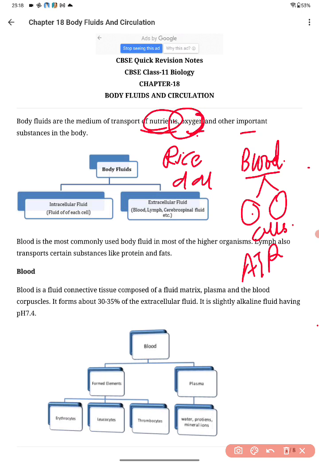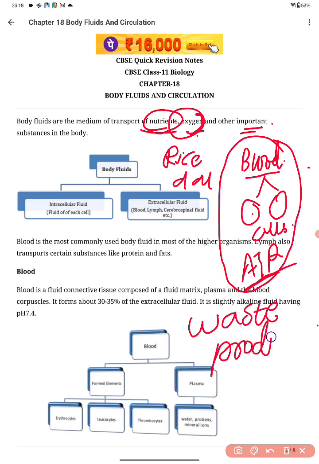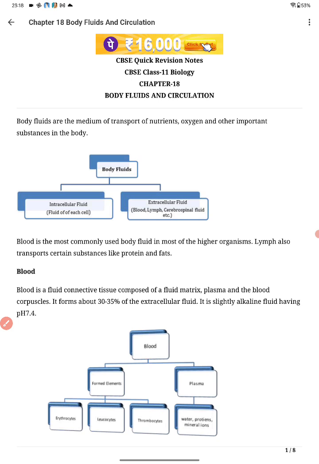Oxygen is very important for survival. After metabolism and producing energy, what you have is the waste product. Waste products again come back into the blood. So these body fluids are very important for us.